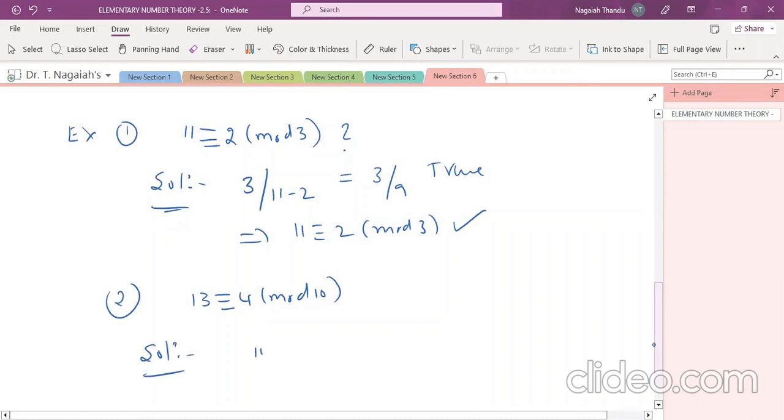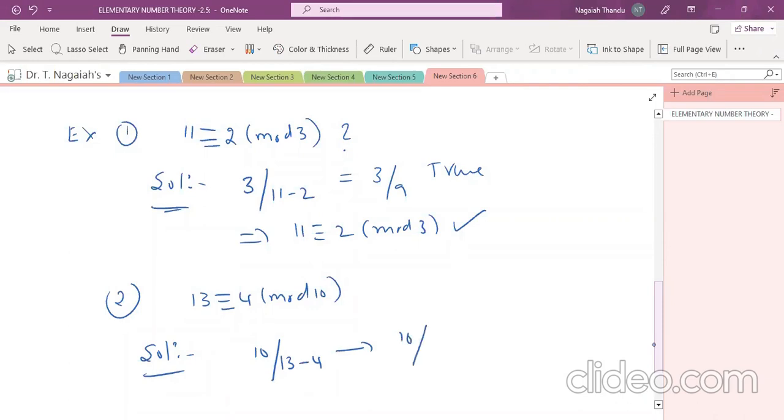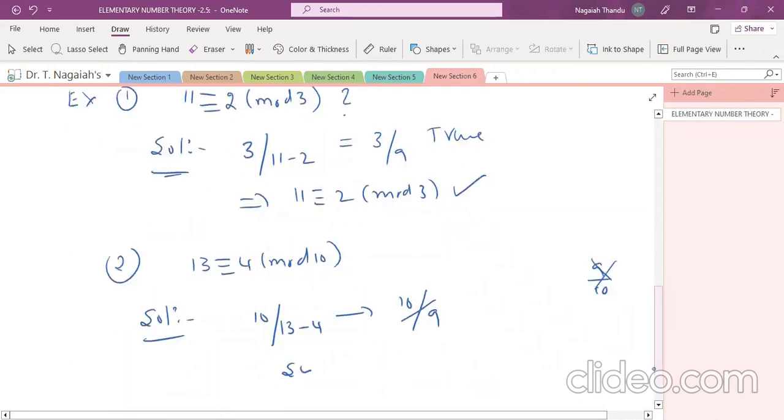Is it correct? 10 divides 13 minus 4 means 10 divides 9. Does 10 divide 9, or does it not divide? Is 9 divisible by 10? No. So 10 does not divide 9. So we say that 13 is not congruent to 4 modulo 10.